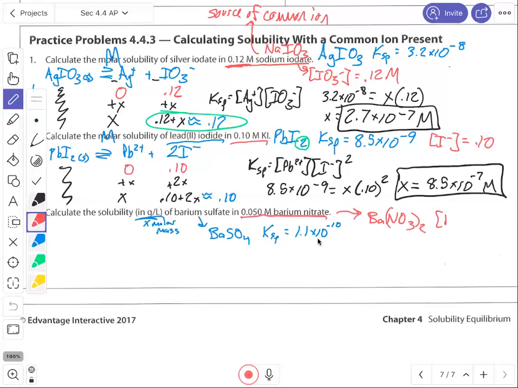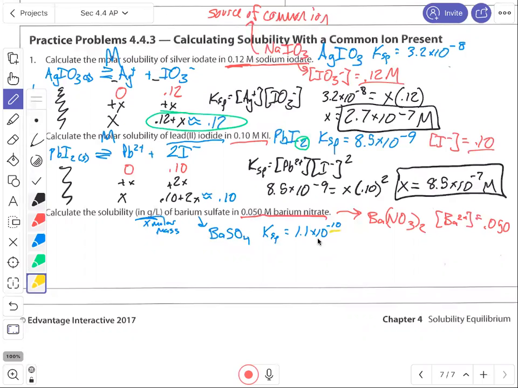So that means your concentration of barium here is going to be 0.050, which, while that is smaller than the 0.1 and the 0.12, you can still see, based on this exponent value on the Ksp, x is still going to be really, really small.